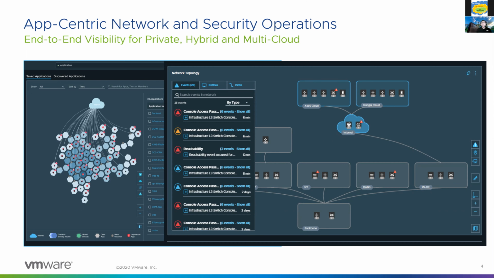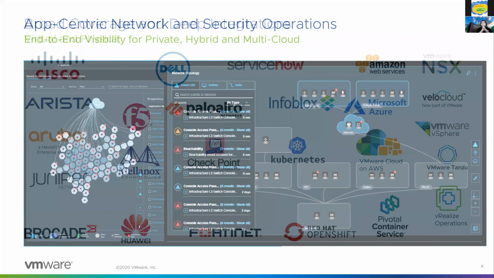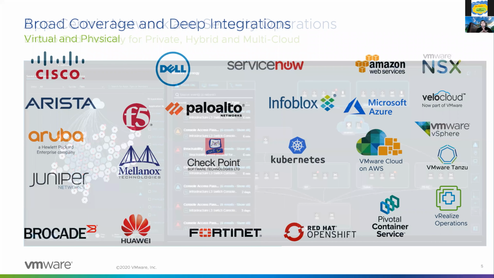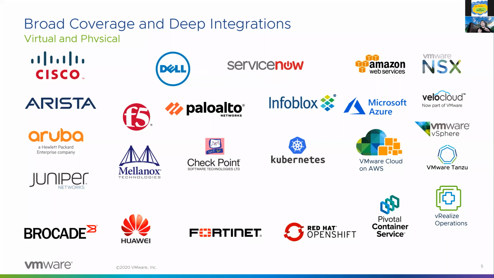Right? And how is this possible? This is only possible because of the rich, broad partner and integration ecosystem that Network Insight has, whether it could be with the likes of the network hardware vendors, the brands you see there, routers, switches, firewalls, or even load balancers, and the modern application models like containers, Kubernetes, and our own solutions, or public cloud solutions, right?